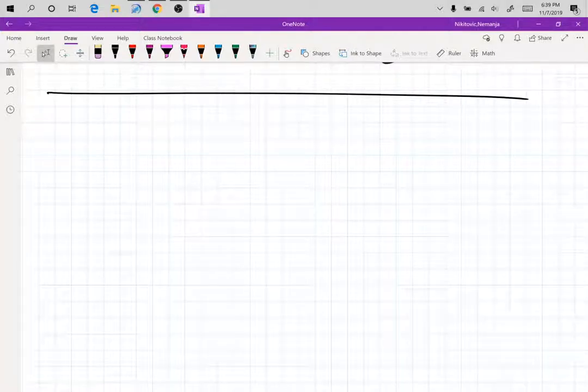So let's see. You want to minimize the surface area of the box, and you want to maximize the volume of the box. Clearly, you want to maximize the volume because you can put more stuff inside.